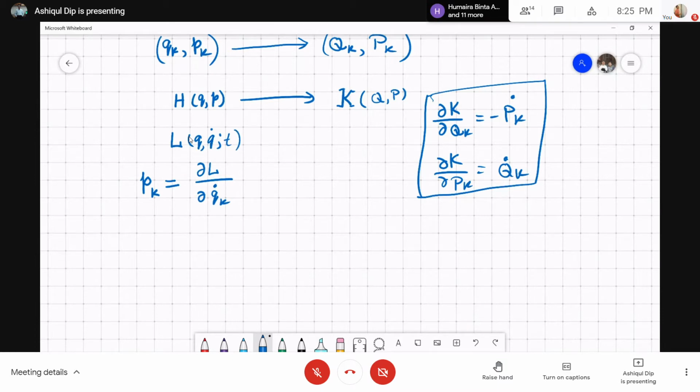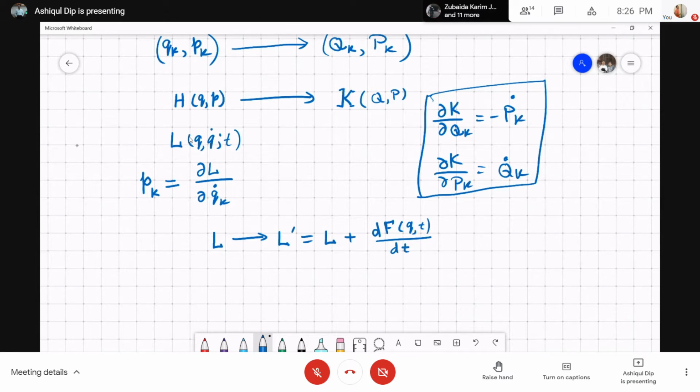Remember one thing, our Lagrangian wasn't unique, right? Our Lagrangian could be transformed into a new Lagrangian, that is the old Lagrangian plus a total time derivative of a function that is dependent on coordinates and time only. So we can use that here. How?